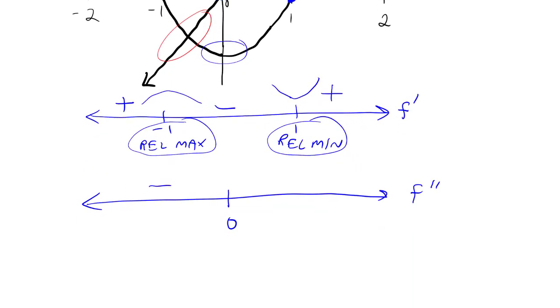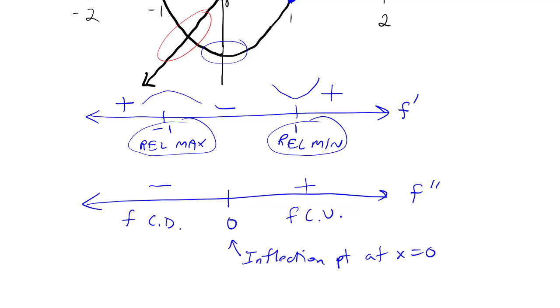So it's negative below 0 and positive above 0, meaning that f is concave down here and f is concave up here. And in fact, we do have a change in concavity here at 0. So we do have an inflection point at x equals 0.